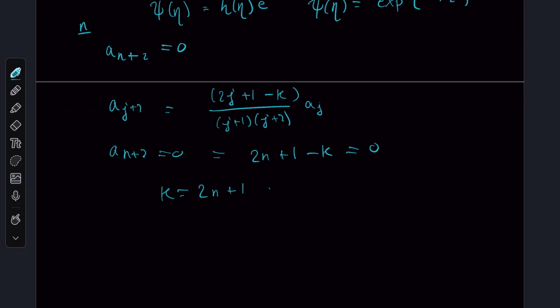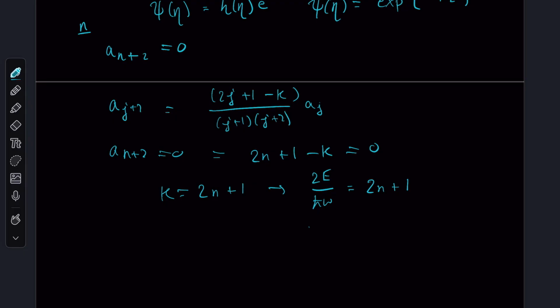Okay, so now if you remember from the algebraic solution, k is equal to 2 times the energy over h bar omega, which is equal to 2n plus 1.